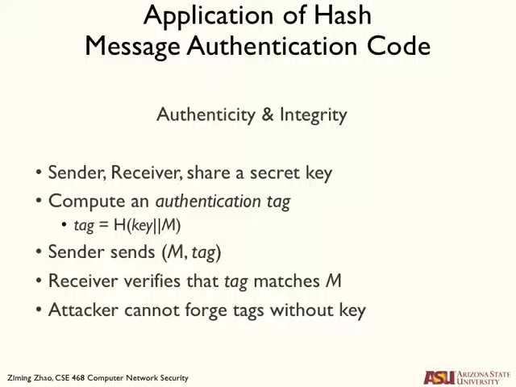Imagine a man in the middle who wants to modify either the message part or the tag part: the receiver can detect that because it won't match. If the receiver verifies they match, then he knows this message is actually from the sender, because only the sender knows the secret key shared with him. And the receiver also knows this message has not been modified.